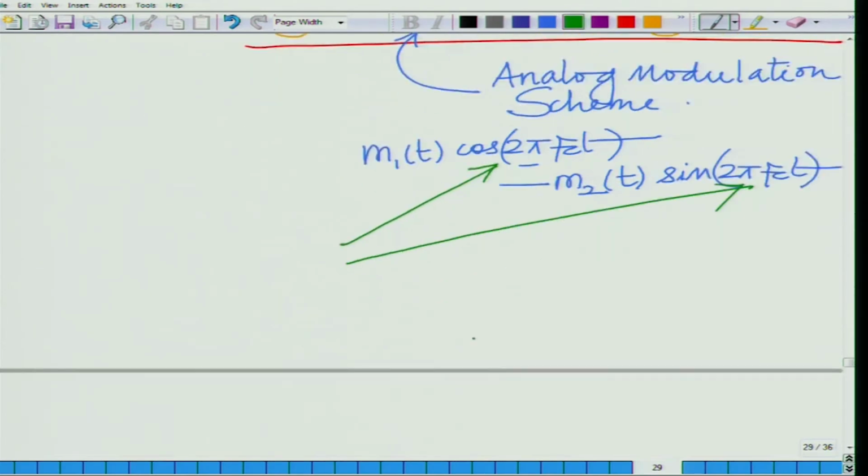We have seen this in quadrature carrier multiplexing.